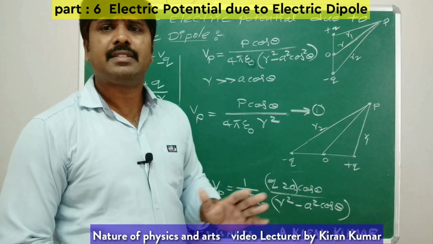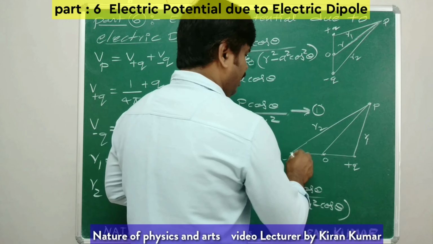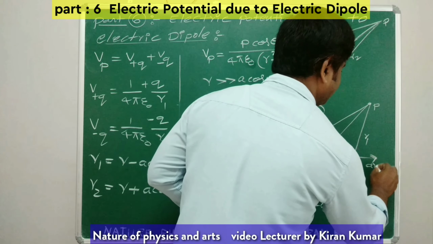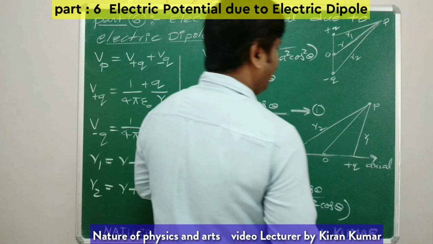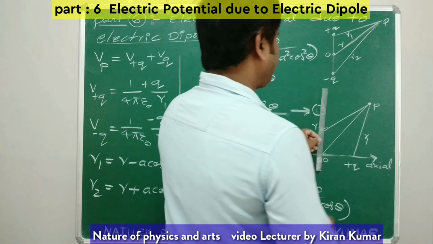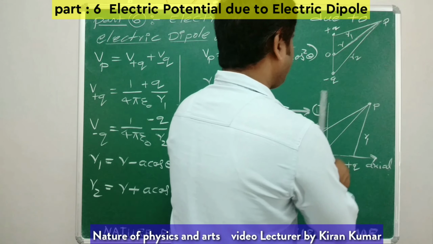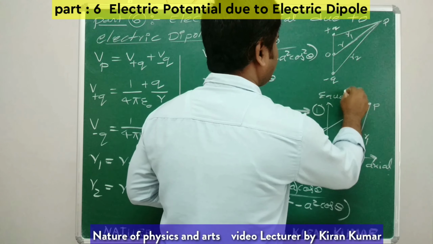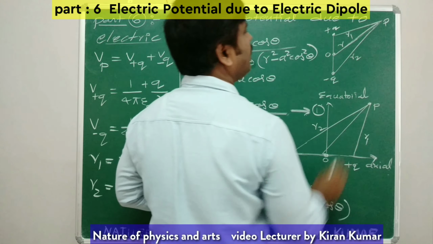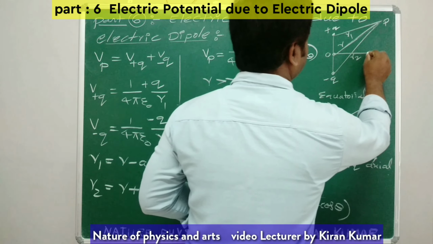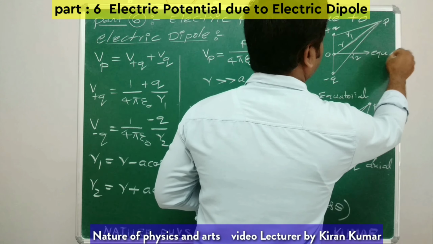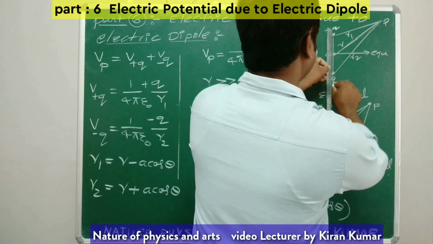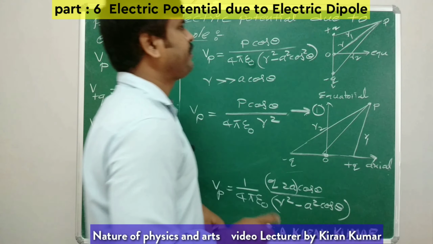See, the axial line is the line passing through the two charges, like this. The equatorial line is the line perpendicular to the axial line and passing through the center of the dipole. So here we can take this as the equatorial line, and the line joining the charges as the axial line.